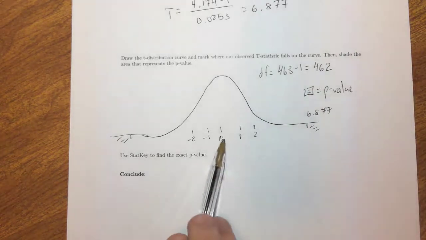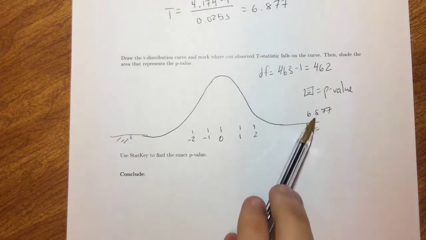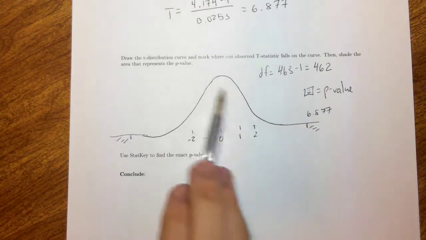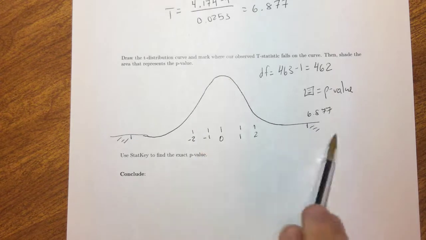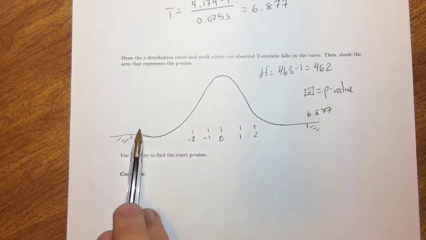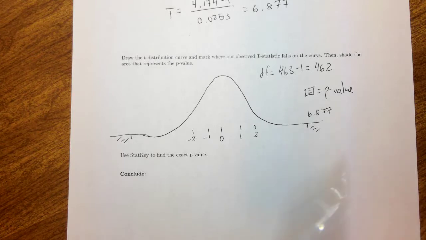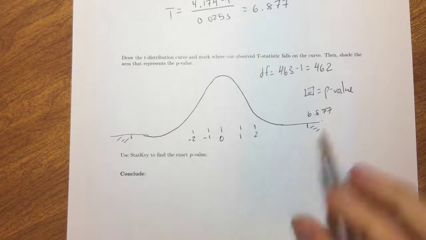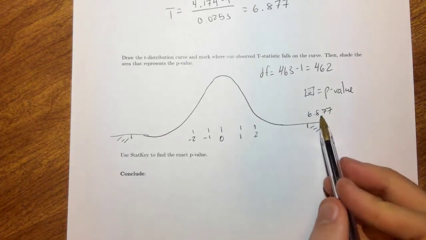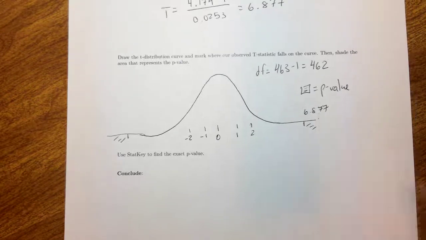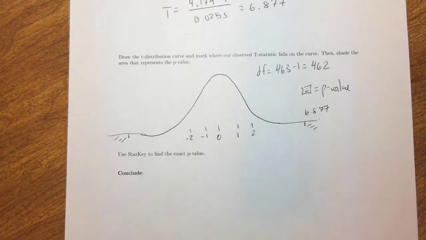Remember, the logic here is that if the null hypothesis is true, I would see t-stats that look like this. What we observed was way off the graph. And so my conclusion logically from that is, well, if our observed t-stat was so unusual, then the null hypothesis might not really be true.